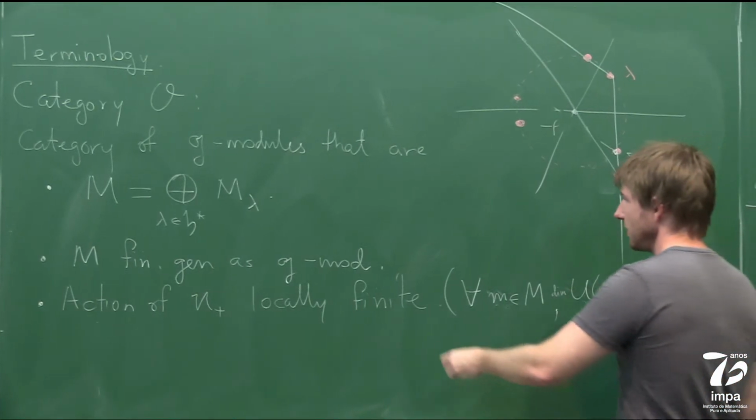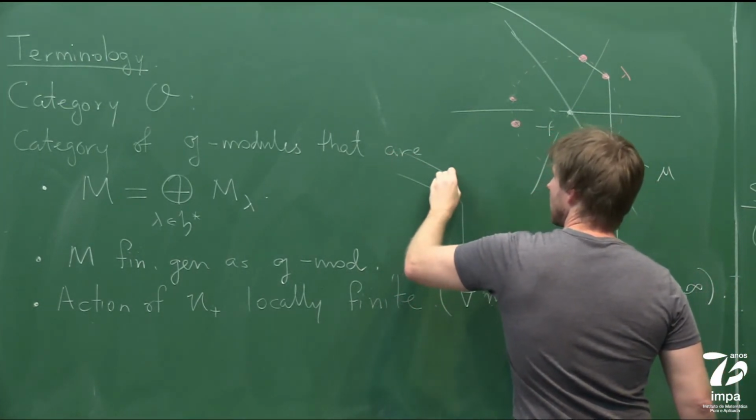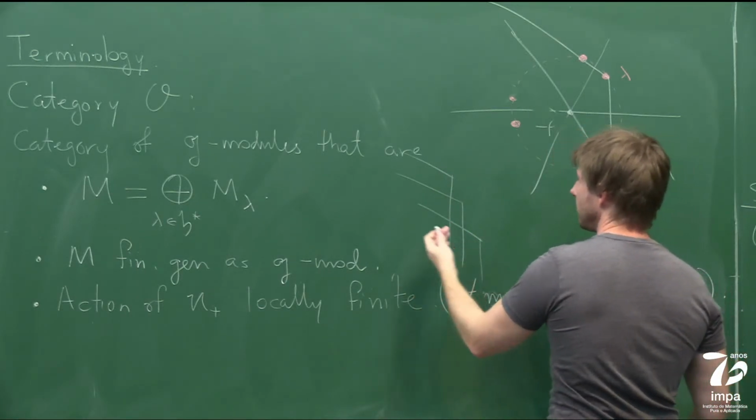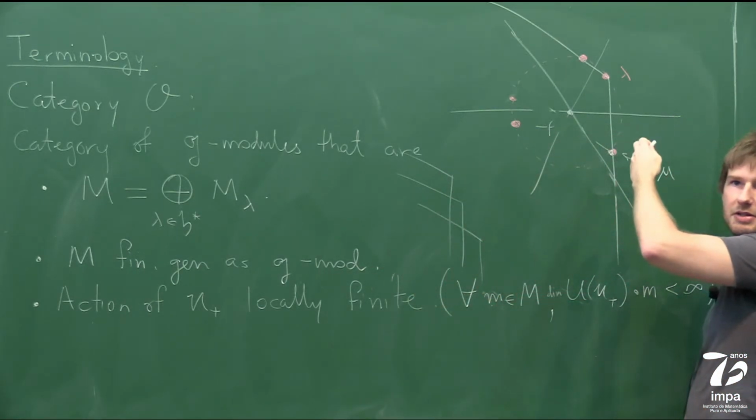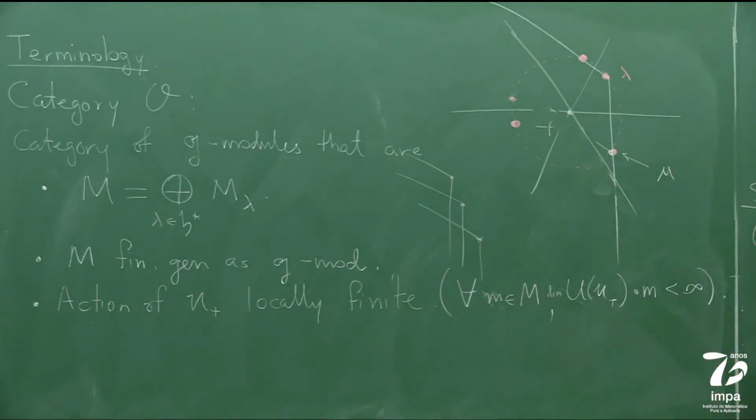So this says that modules kind of look like this. If you try to go up too far, you'll eventually get to 0, and there's some finite set of vectors that generate the whole thing.